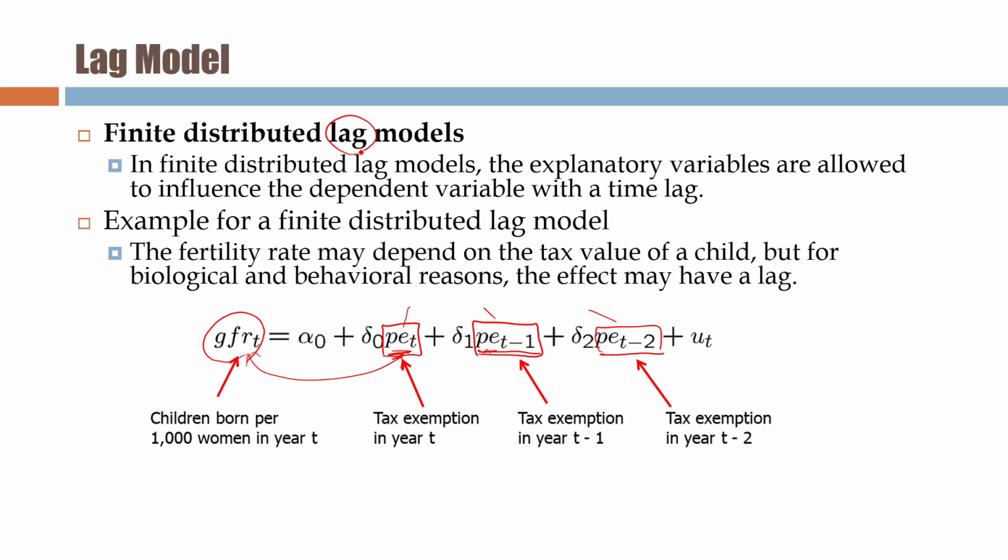So this kind of model, same thing, but with previous years' information, what we assume is that the tax exemption 2 years before will affect the current children born fertility rate. That's why we call this a lag model, and this is really the point of the time series regression model.